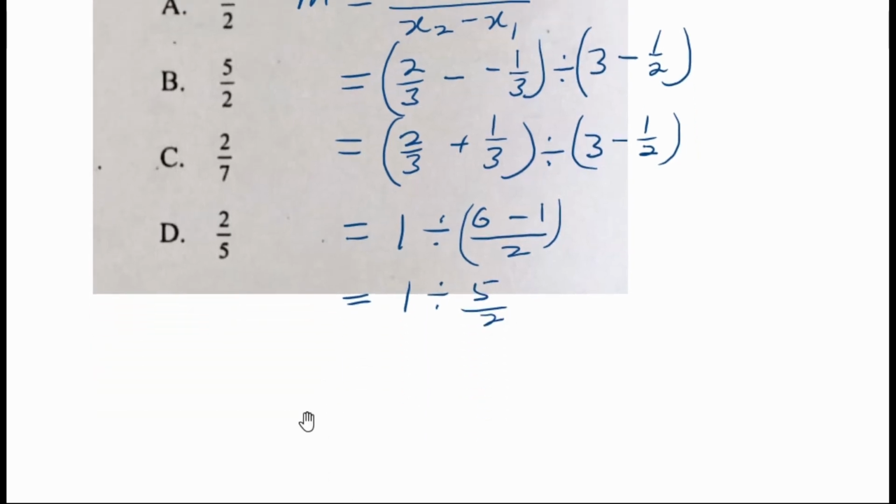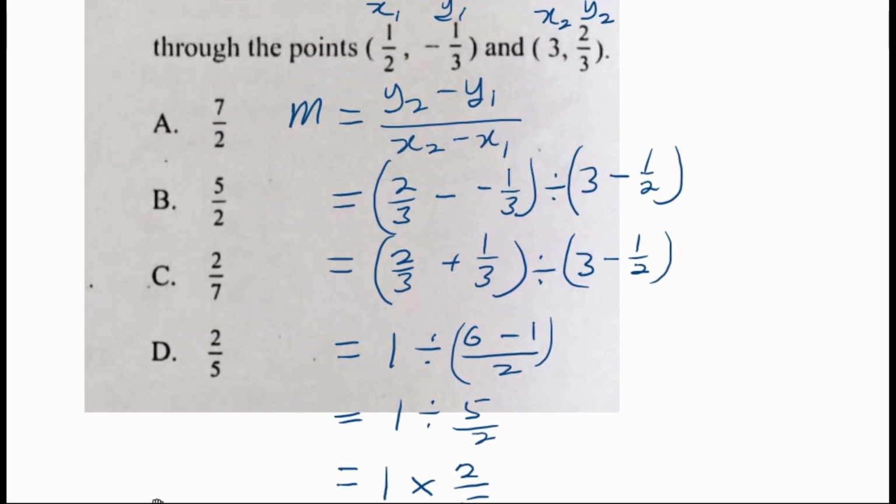And now solving further, we have to bring the 1, change the sign to multiplication, and reciprocate the second number, which now becomes 2/5. And 1 times 2/5 is 2/5. And looking through our answers, that is option D.